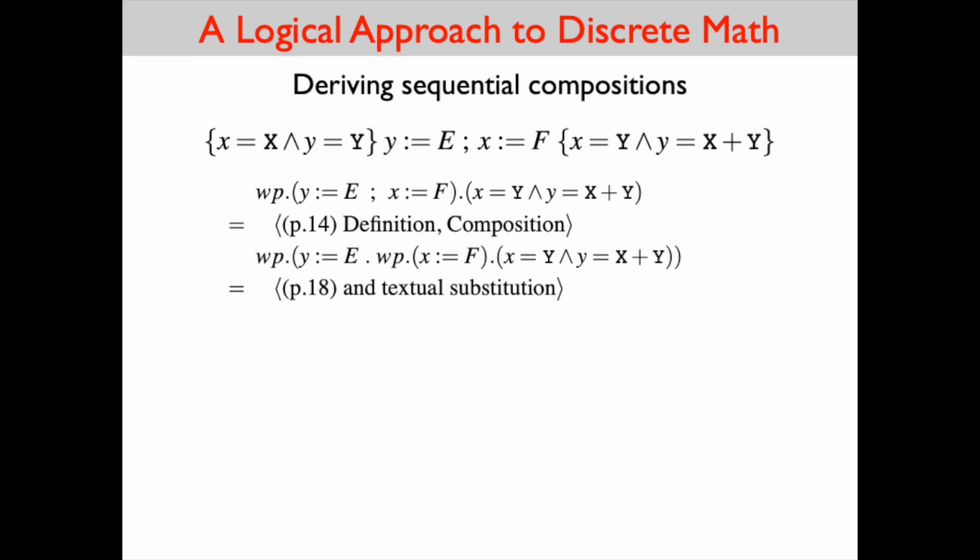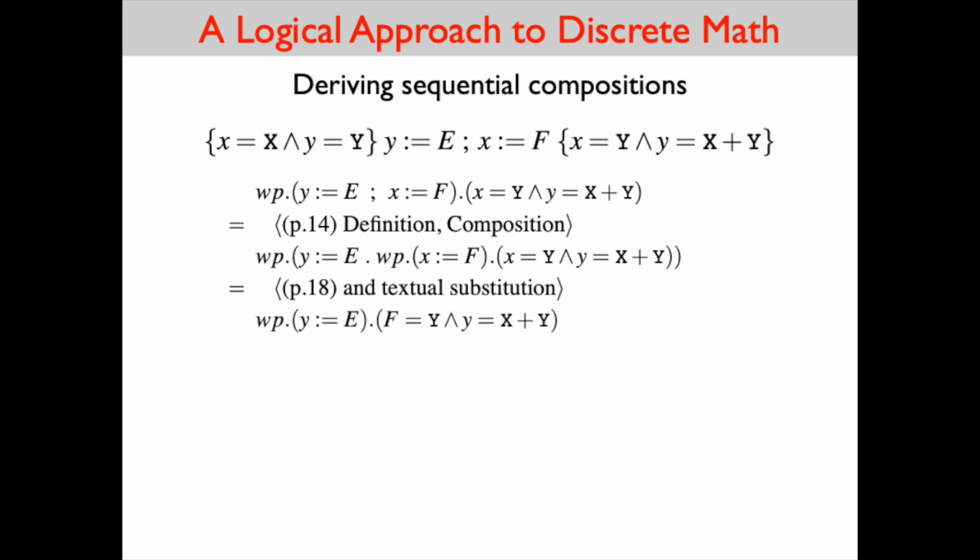And then, as usual, because of the assignment statement, we use the assignment statement P.18 and textual substitution. Now, what is the next line going to look like? Well, remember, you take the x equals rigid y and y equals rigid x plus rigid y, and everywhere there is an x, you replace it with f.